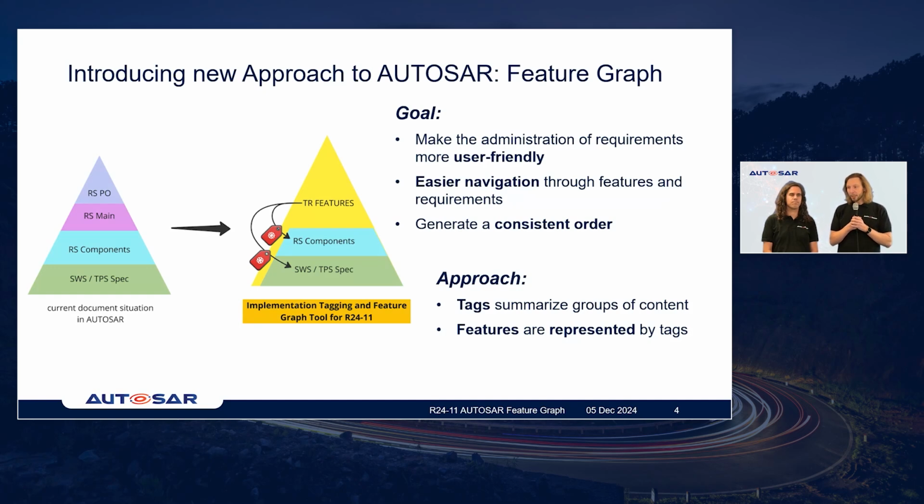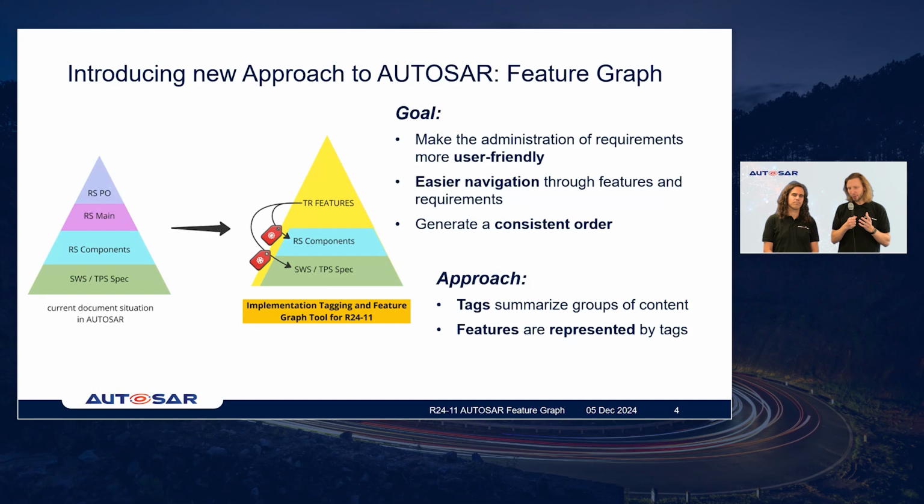But what we witnessed was that the users and the working groups use the specification layer, or the software specifications, and then maybe have a look at the requirements they need for the specifications. But the abstraction levels above that were not really used by the users or the working groups. So we thought about how we can make it more user-friendly.